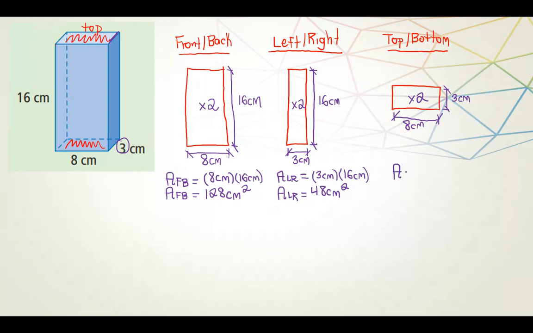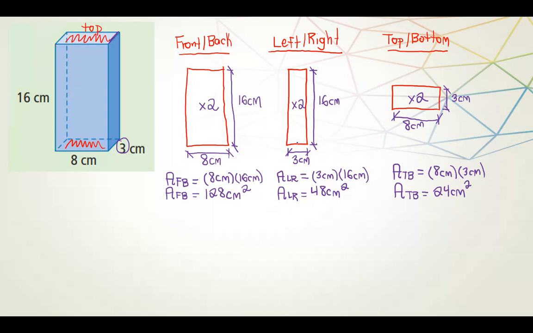Then I'm going to write down ATB. So ATB means the area of the top or the bottom, and that would be equal to the area of the rectangle, which is 8 times 3, so 8 centimeters, length times width, times 3 centimeters. ATB is then going to be 8 times 3 is 24 square centimeters.